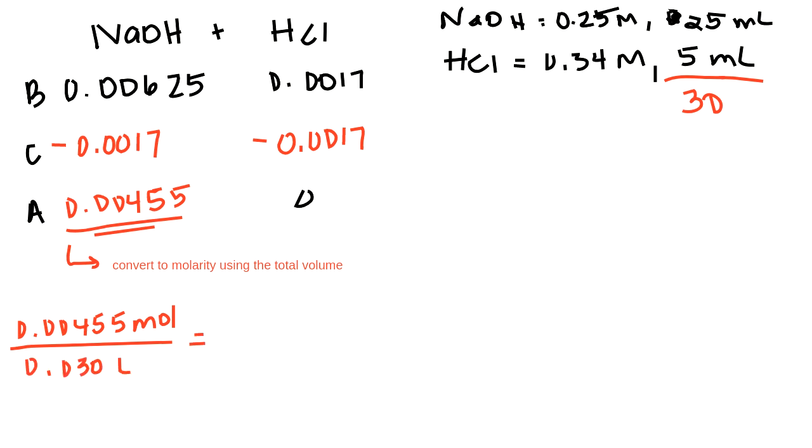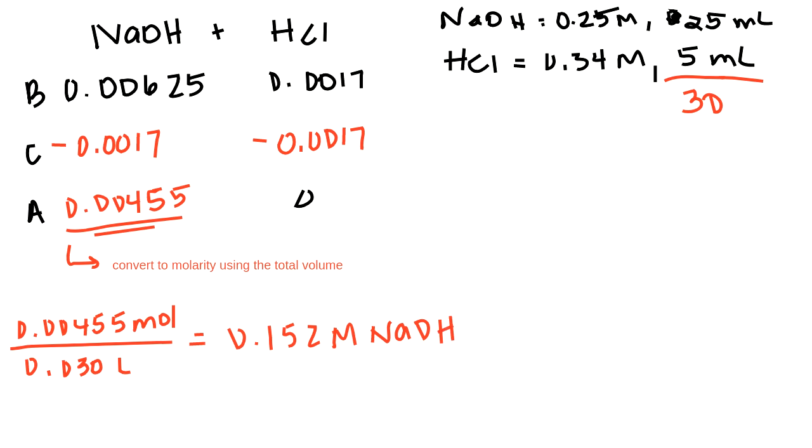So our concentration is 1.51. Oops, I missed a 0. Hold on. 0.00455 divided by 0.03. There we go. I thought it looked a little high. So 0.152 molar NaOH.